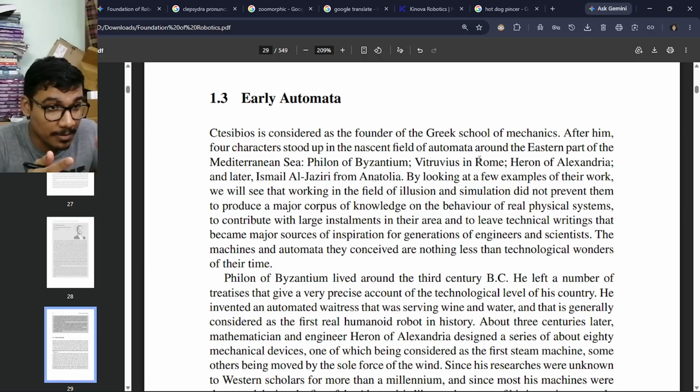By looking at the few examples of their work, we will see that working in the field of illusion and simulation did not prevent them from producing a major corpus of knowledge on the behavior of real physical systems, contributing large installments in their area, and leaving technical writing that became a major source of inspiration for generations of engineers and scientists. The machines and the automata they conceived are nothing less than technological workers of their time.